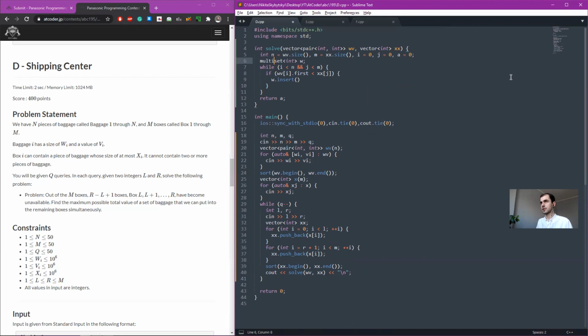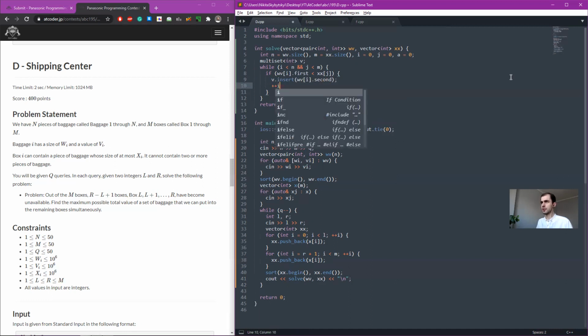So we need to set, but we want to insert the value, right? Or actually, because of this value, it makes sense to do it like this. Second, of course, plus, else. That's actually here.